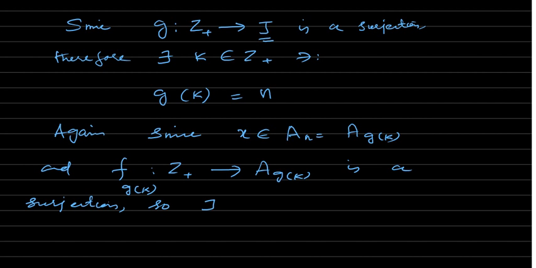there exists some m in Z plus such that f subscript g(k) of m is equal to x. Now what's x? x is f subscript g(k) of m, and by definition this is equal to h of (k,m).